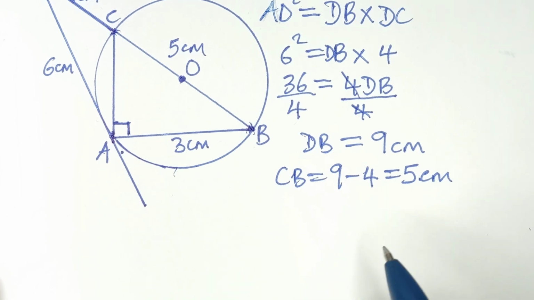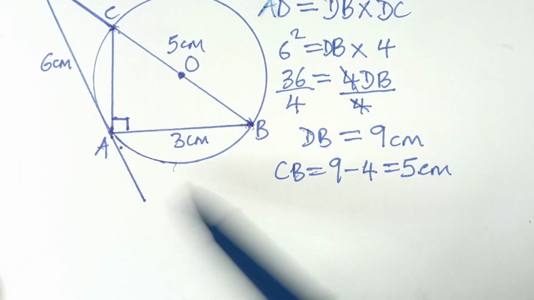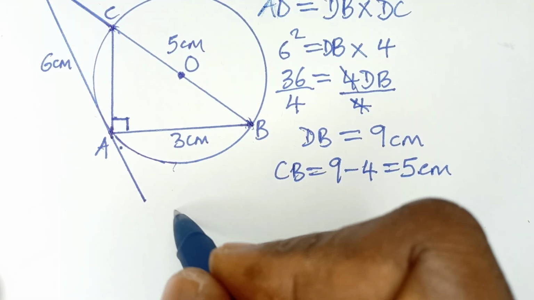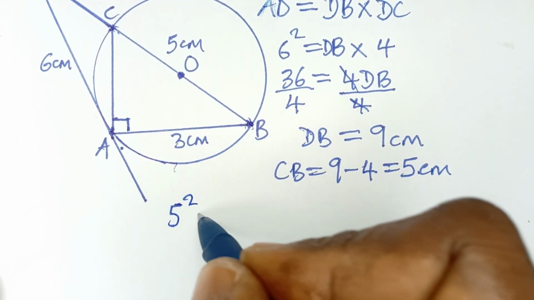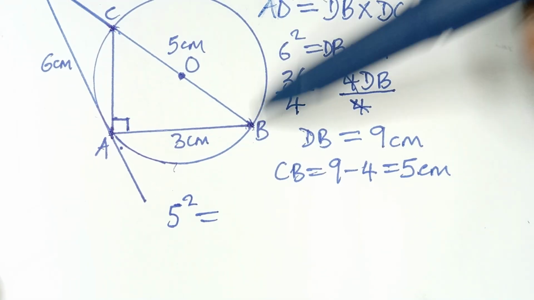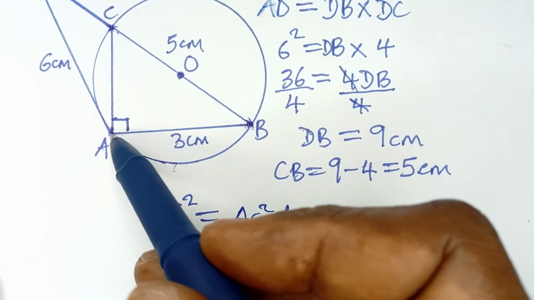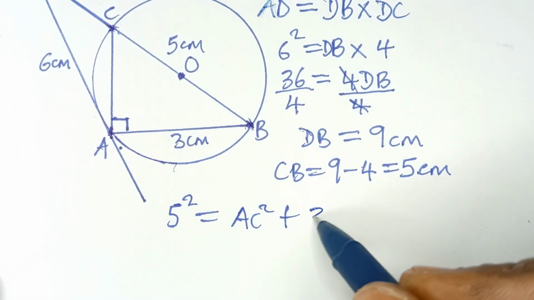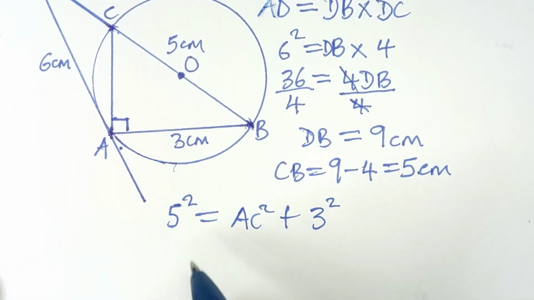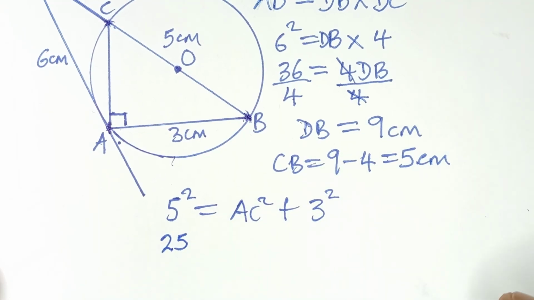From Pythagoras theorem, the square of the hypotenuse, that is the longest side, which is 5 square, is equal to the sum of the squares of the other two sides. So it's going to be AC square plus AB, which is 3 square. 5 square is 25.